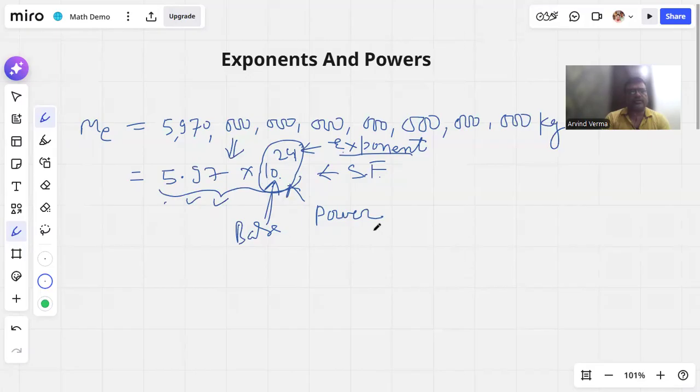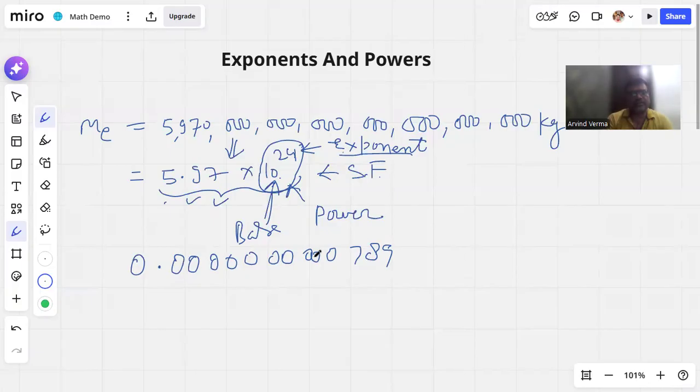So I think it is clear why we are studying exponents for large numbers. The same thing applies with smaller numbers also. Like if I write 0.0000000000 and some random number 789, it is difficult to read like this.